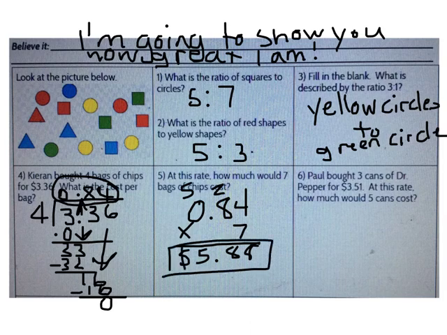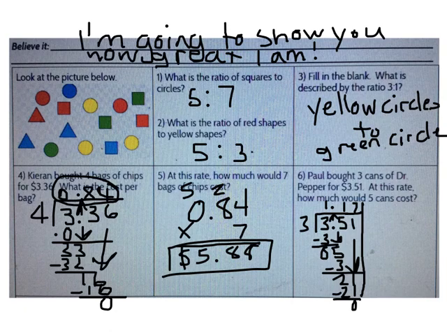Now let's do another problem. Paul bought 3 cans of Dr Pepper for $3.51. At this rate, how much would 5 cans cost? Well, I need to start by dividing $3.51 by 3 to find the cost of 1 can. Go ahead and do that division problem now.